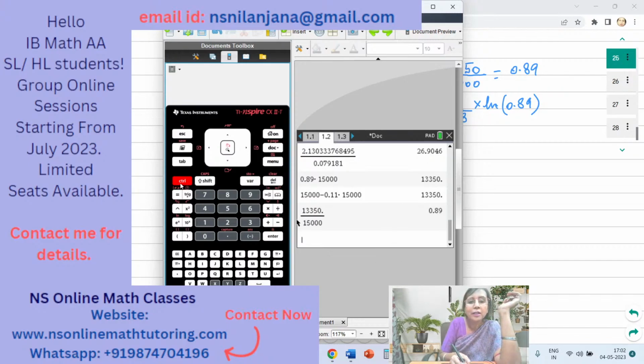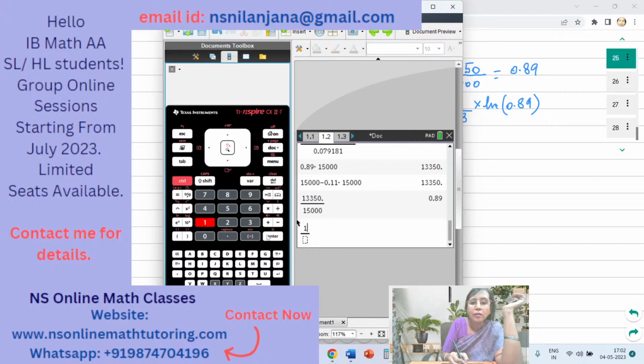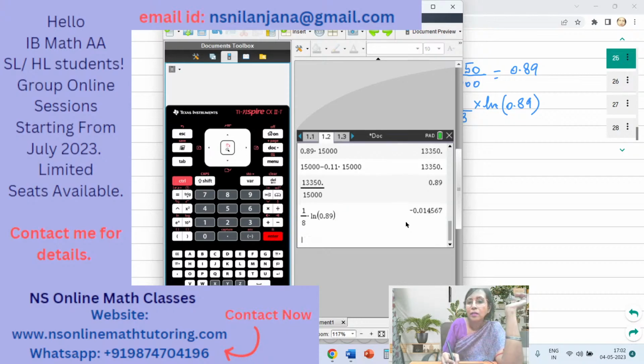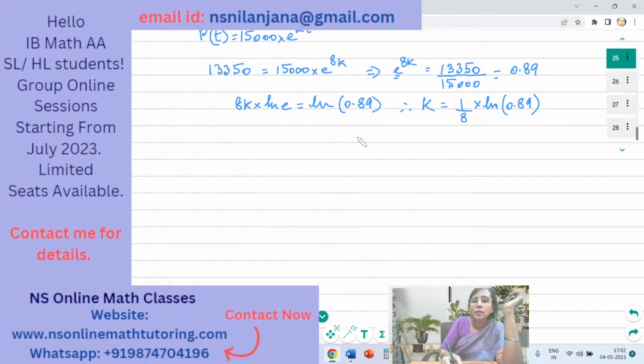Okay, 1 over 8 times ln 0.89, enter. Negative, yes, k value has to be negative. Negative 0.014567.